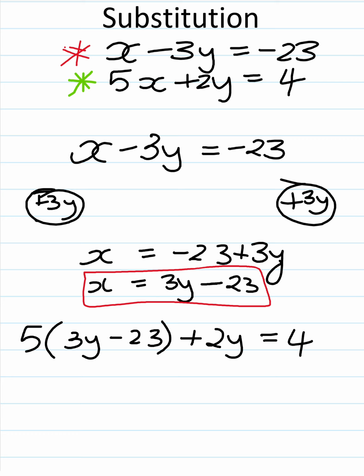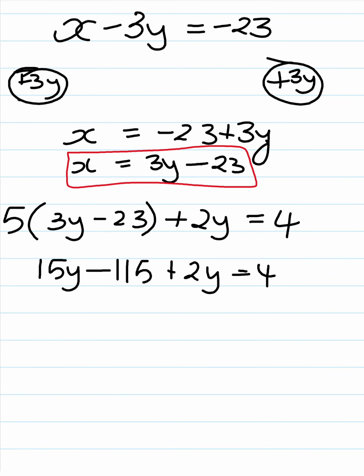Now let's expand out the brackets to get 15y minus 115 plus 2y is equal to 4. Combining like terms gives us 17y minus 115 is equal to 4.